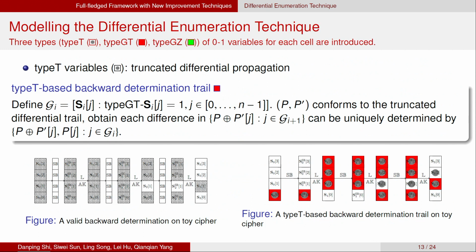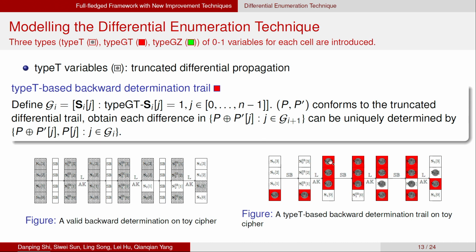To model the differential enumeration technique, type GT variables are introduced, and type GT follows a type T-based backward determination tree. It is a little different from a backward determination tree, because in this case, P and P prime conform to a truncated differential tree.